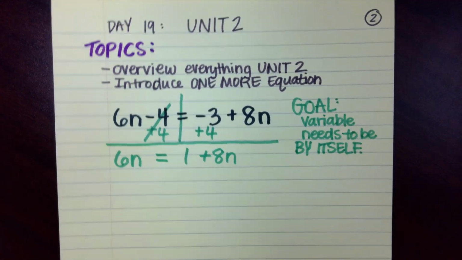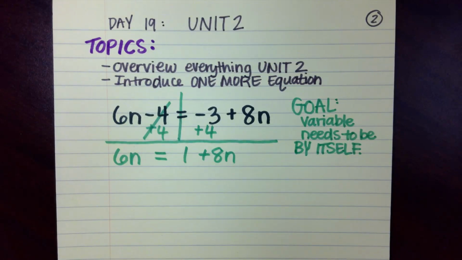Anybody have ideas about what we could do next? Something with that 1. We could do something with the 1, but let's think about our options before we actually go through with it.